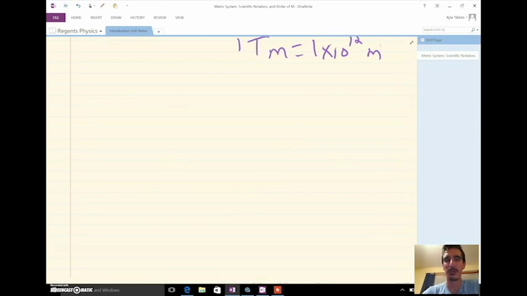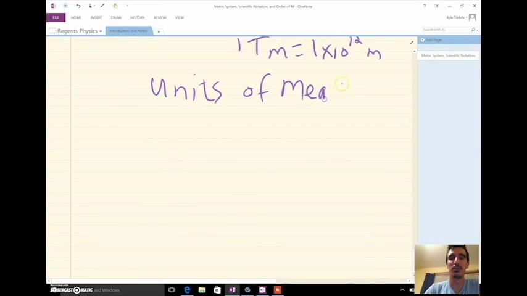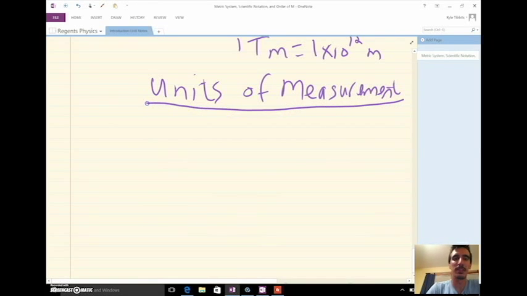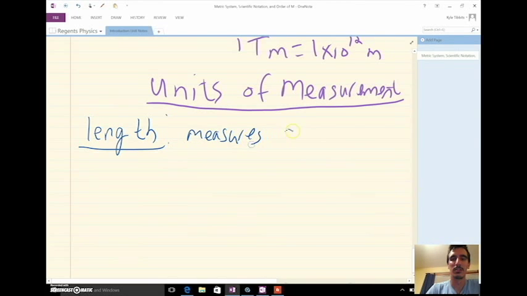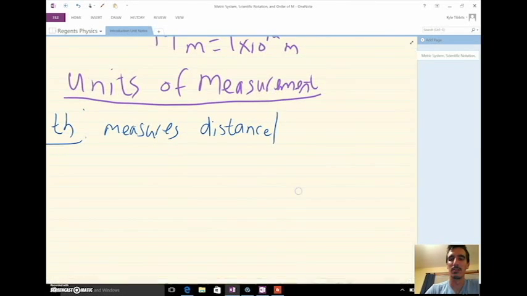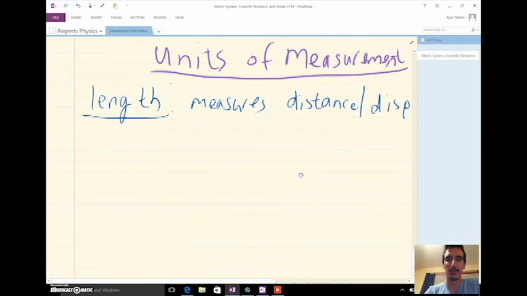So really quick, since we're talking about units, let's talk about units of measurement. Let's look at some common ones that we use early on in physics. First thing we'll look at is length. Length measures distance and displacement. This is probably a new word for you, and we'll learn it in probably a couple of weeks or even a couple of days.